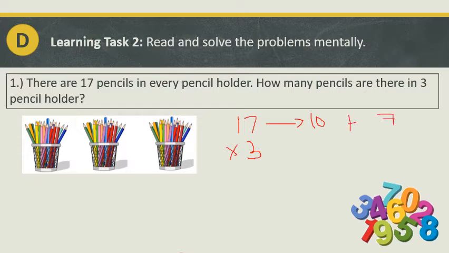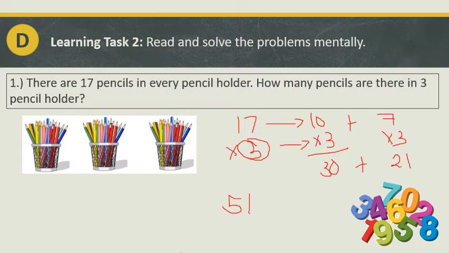Tapos yung 10, ito times natin dito sa 3. So, lahat sila ito times natin sa 3. So, ang 10 times 3 ay 30. Ang 7 times 3 ay 21. So, pag pinagsama natin 30 plus 21 is 51. So, ibig sabihin, ang 17 times 3, ang answer ay 51.